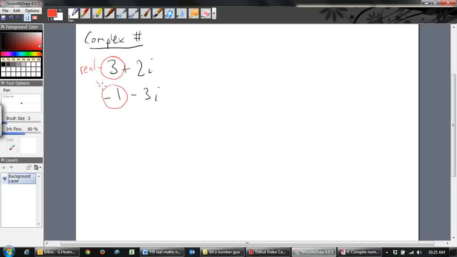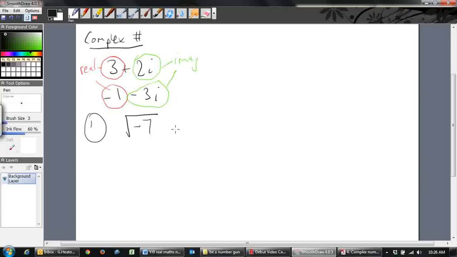So that's real, this -1, that's real. And what we've also got is this here, our imaginary part. So this here and this here, they're our imaginary parts. This is what complex numbers look like. They've got a real part and an imaginary part. Let's have a look at some examples.